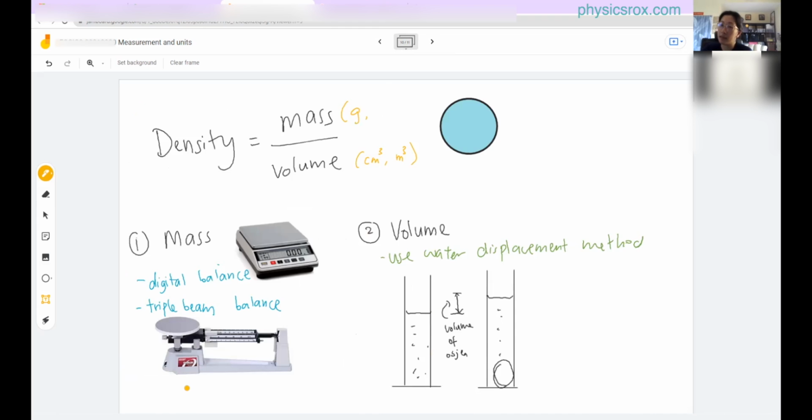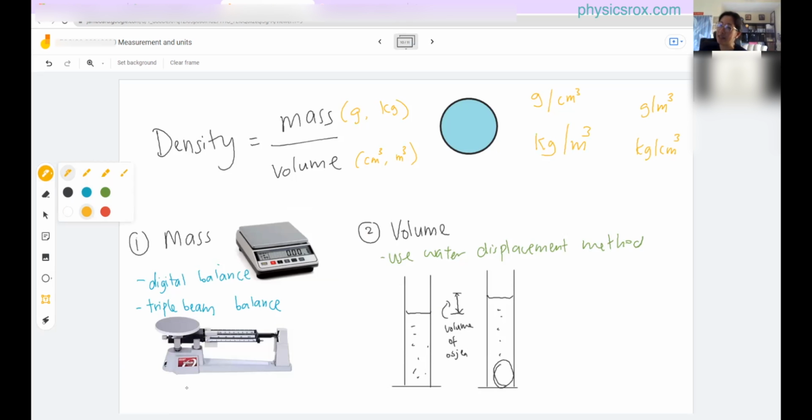Normally it's gram per cm cube or kg per meter cube, because mass over volume. If you write it the other way, gram per meter cube or kg per cm cube, actually it's not wrong either.